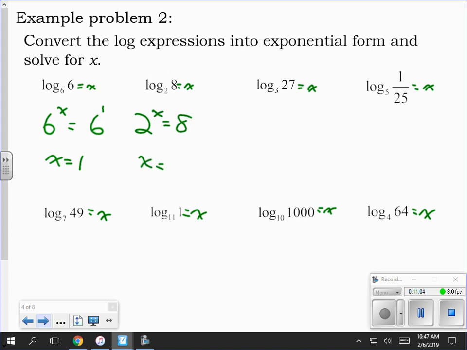So x equals 3. 2 cubed is 8. X is 3. 3 to the x is 27. X equals 3 cubed. This one's a little harder. 5 to the x is equal to 1 over 25. So it's 1.